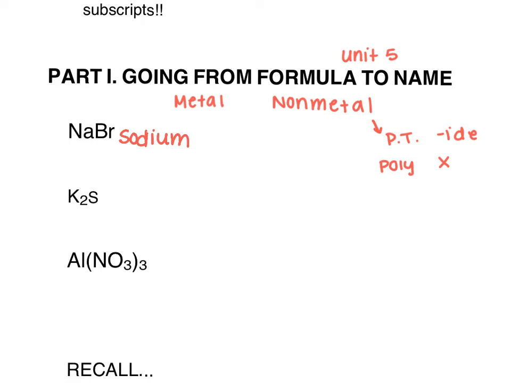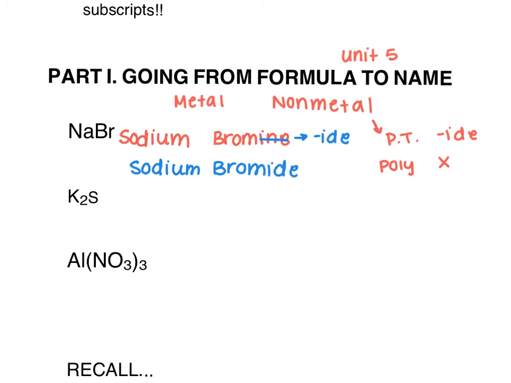And then I need to identify Br. Br on its own is bromine. Because I'm finding this from the periodic table, I am going to remove my "-ine" ending and change that to "-ide." So in the end, I get sodium bromide.